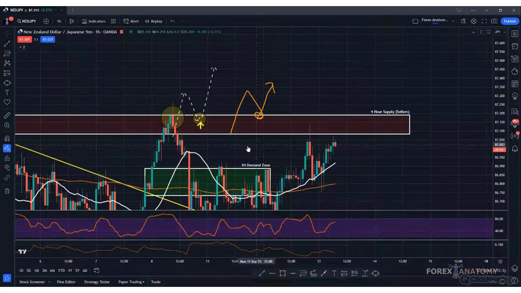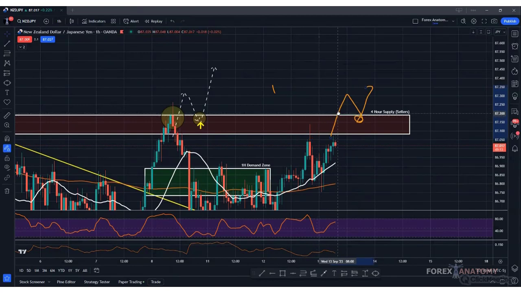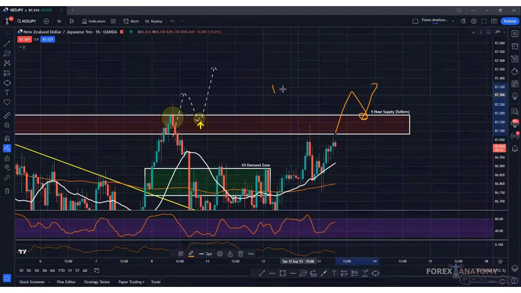So then in the same way, we're going to look for pretty much the same thing. As a matter of fact, I could move this over right here and say, hey, this is what we're looking for. We're looking for something very similar to what we saw before, where we're looking for price to break and clear this zone to the upside, look for a retest, and then look for a buy.